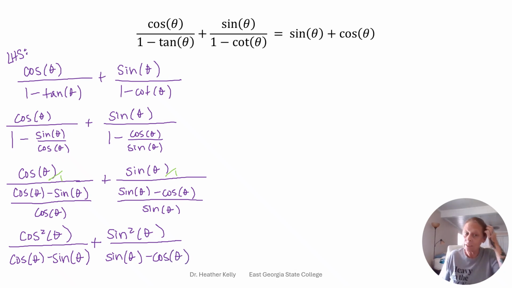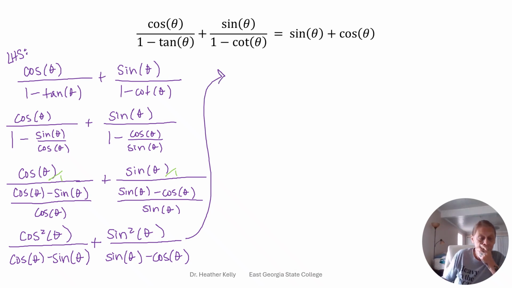Now we're not quite done yet, because notice that these guys are not the same denominators. Their difference is a negative, right? So let's see, what do we want to do here? Here's the other thing that's difficult about these identities. We can solve these a whole bunch of different ways.